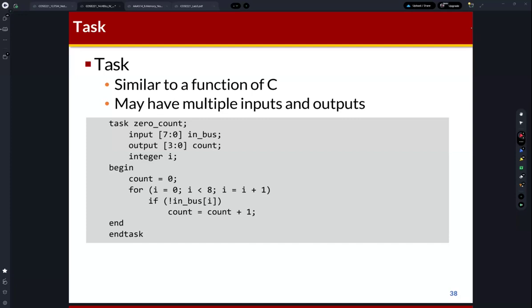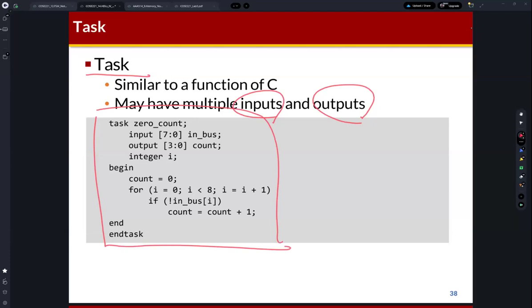It's the same: for the repeated part, we can define a task, then we can call the task in SystemVerilog. This is the example. It's very similar to a function of C, but a task can have multiple inputs and outputs. This is the zero count task. If the zero count task is called, then this part is executed.